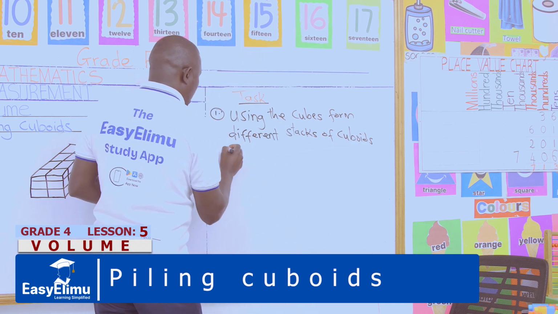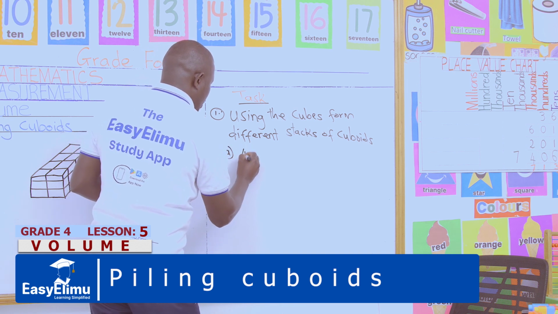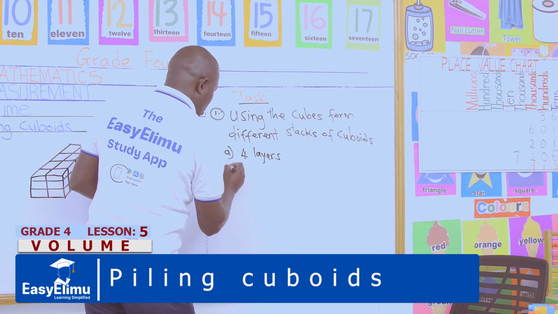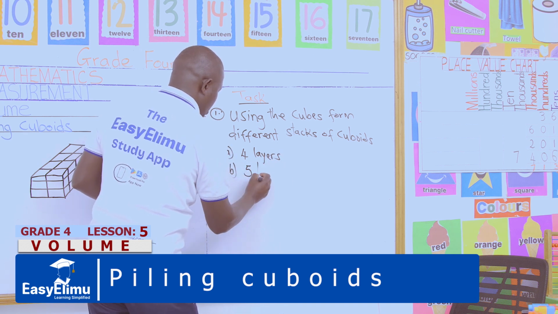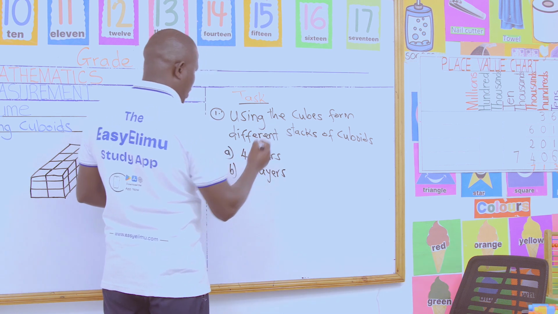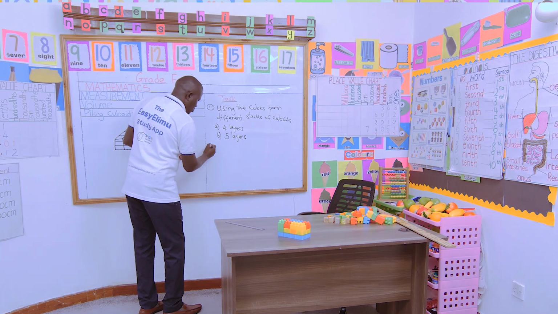The cuboids are of the following layers: 1A, 4 layers, B, 5 layers. Form 5 layers using the cubes to form a cuboid.